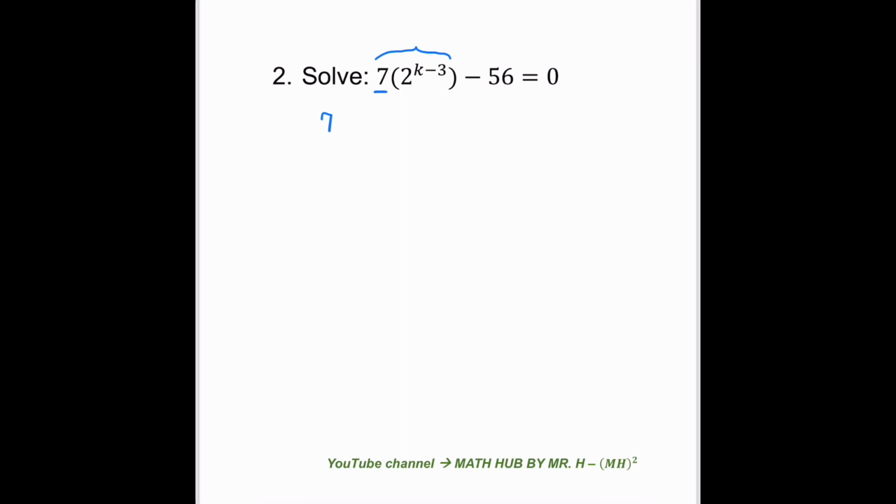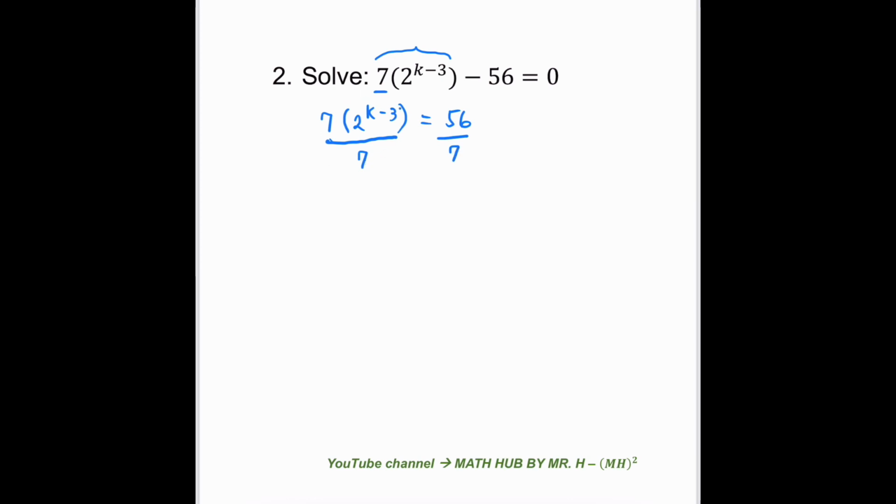So we have 7 times 2 to the power of k minus 3. From here, you can see these are factors. Since they are factors, definitely we can divide both sides by 7. So 7 divided by 7 is 1.